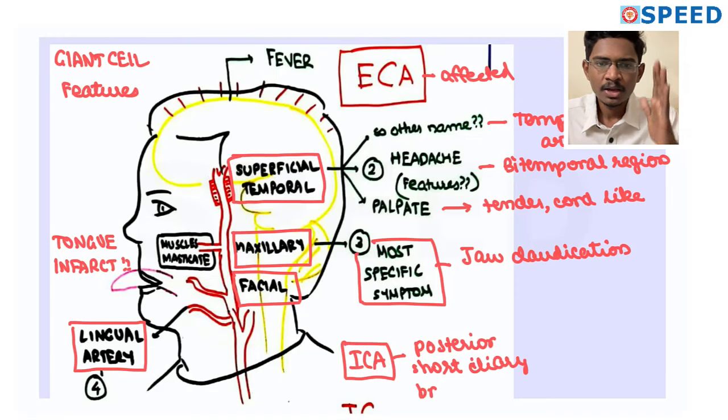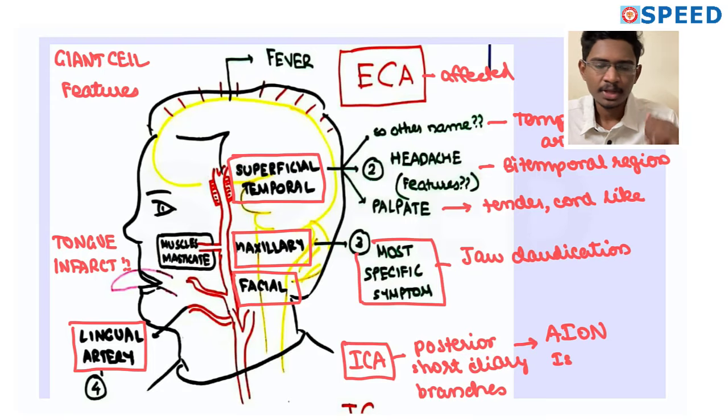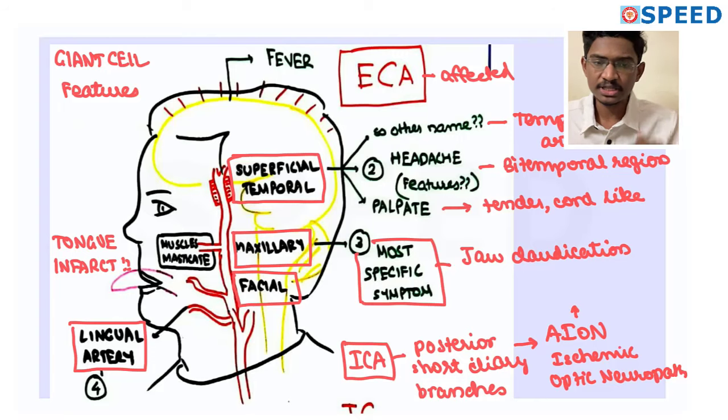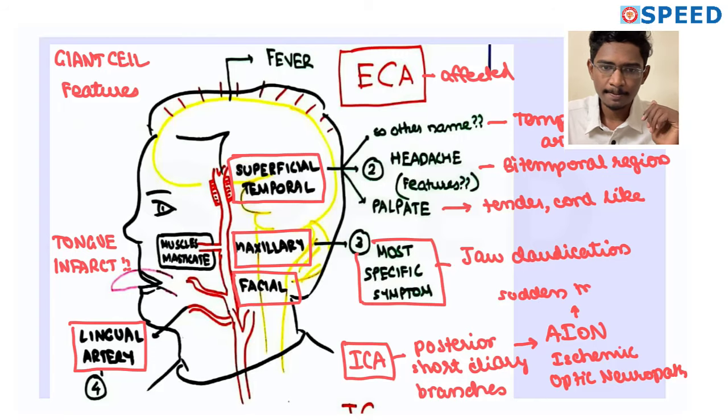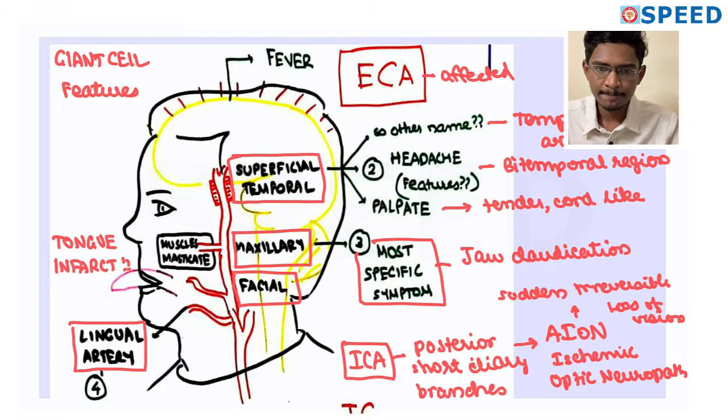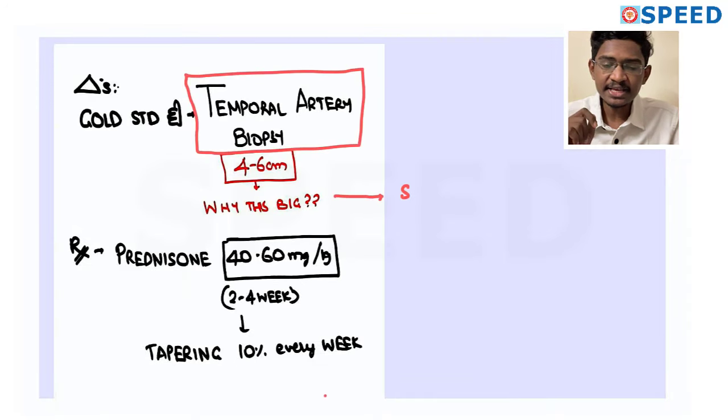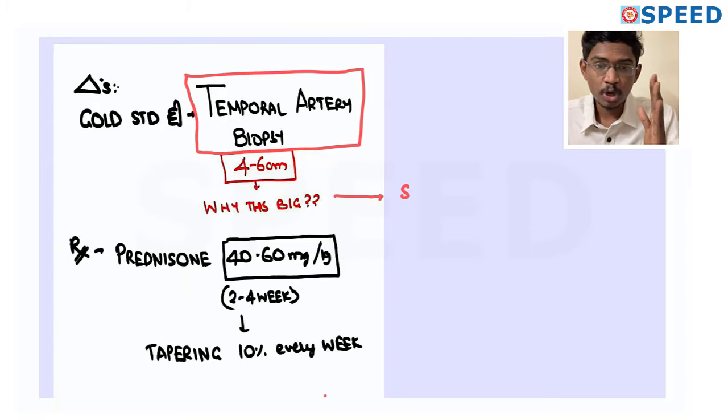Then, can the ICA be involved? Internal carotid artery? Yes. Internal carotid artery branches include the posterior short ciliary branches. If they are involved, that will cause vasculitis there, leading to anterior ischemic optic neuropathy, AION. If you have studied in ophthal, they told that this causes sudden, irreversible and permanent loss of vision.